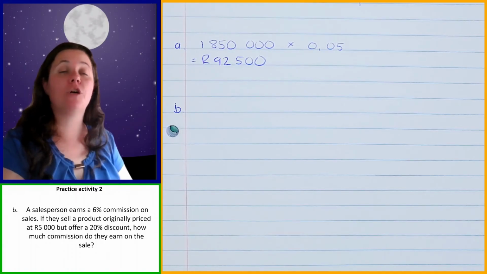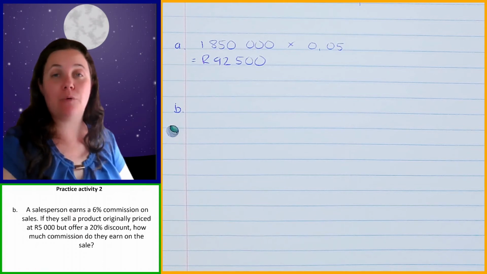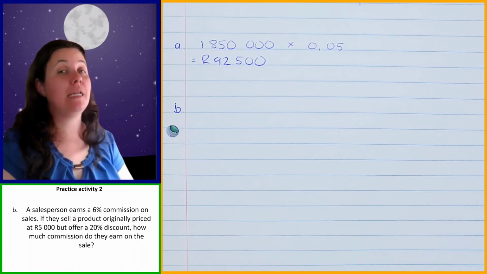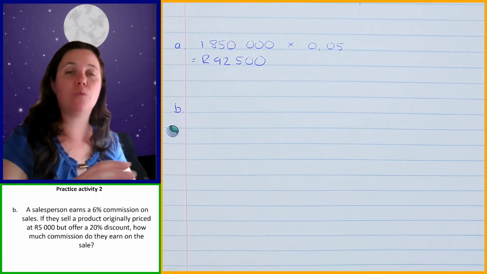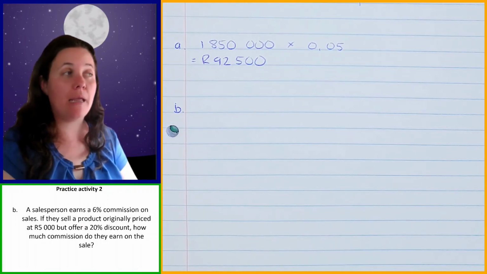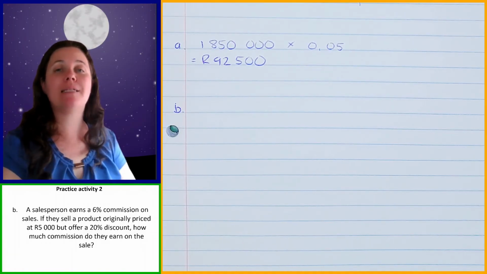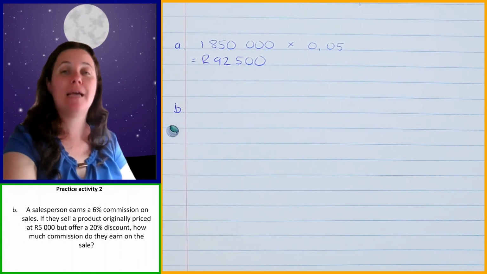It's going to be worked out on the discounted price. So we can work out the discounted price by seeing, first of all, we can either choose to work out what the discount is and then subtract it, or we can work out the discounted price straight away by saying if the customer is being offered a 20% discount, that means that they're paying the balance, which is 80%.